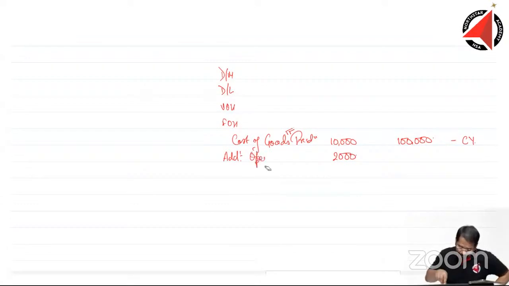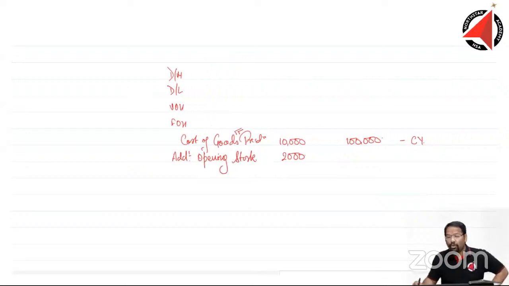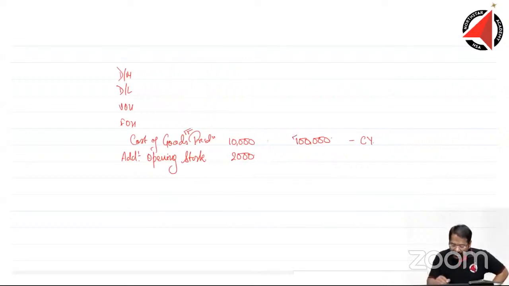Now, understand, if nothing is mentioned, then what do I presume? I would always presume that if my current cost of producing one unit is $10, in the previous year also the cost was constant.